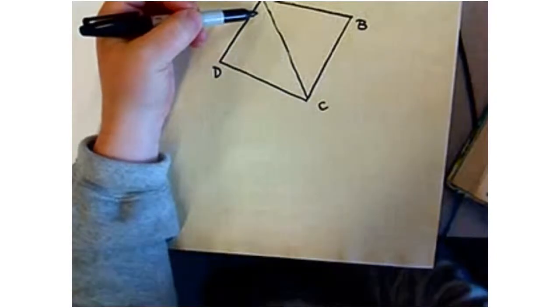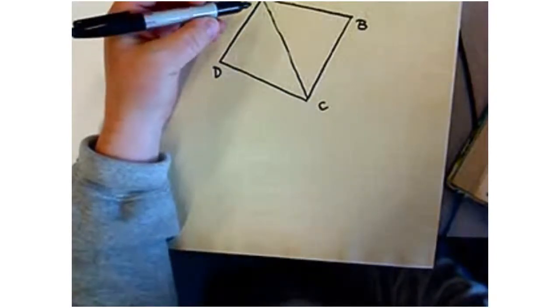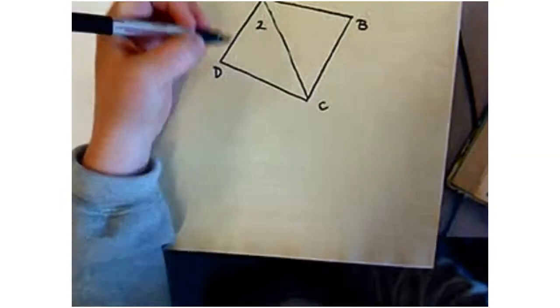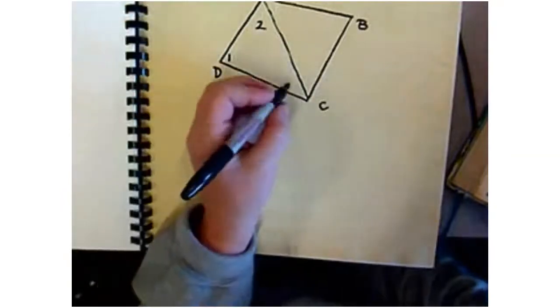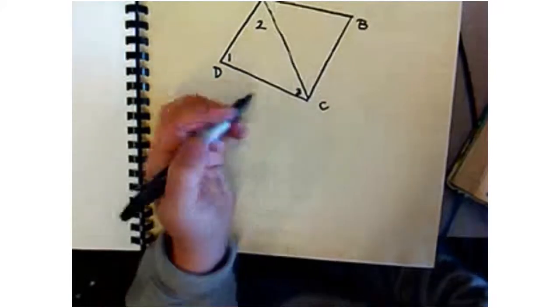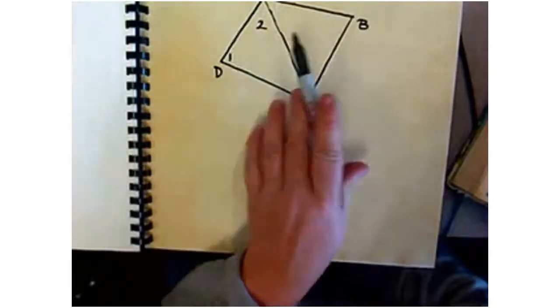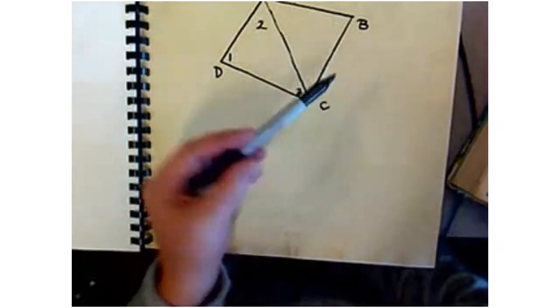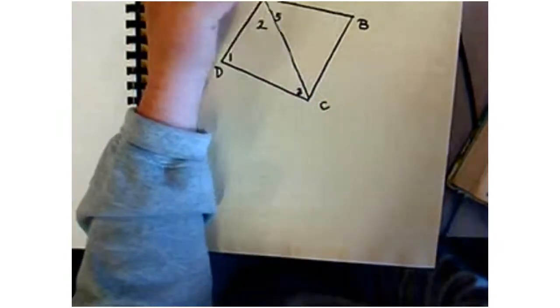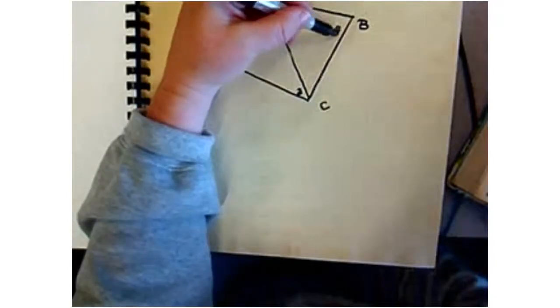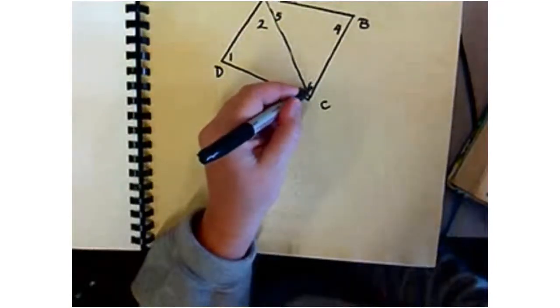They've labeled the angle up at A, angle 2, the angle at vertex D, angle 1, and one of the angles down at vertex C, angle 3. And then the triangle to the right, our ABC triangle, at A, the other side of the angle is 5, at B is 4, and at C is 6.